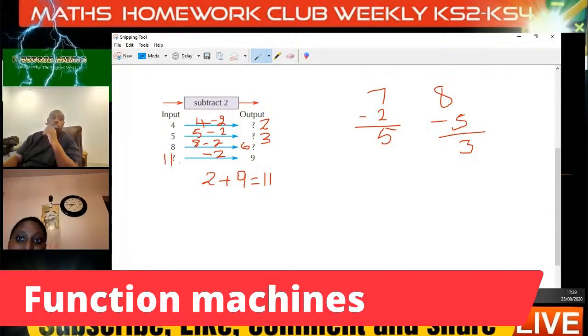So sometimes they can give you the output and ask you to work out the input. Basically from the output, it gives you 11, which is the input.